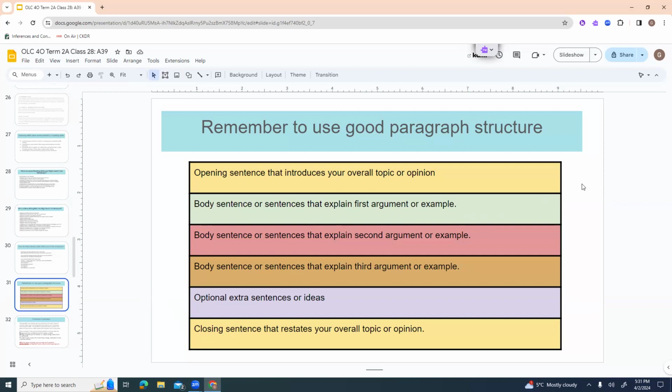So in that case, I want to make sure I have an opening sentence that introduces my overall topic or my opinion, because it gives the person a heads up. Hey, here's what we're going to be talking about. Hey, here's my big idea. And then as they're reading, they have your overall idea in mind, and it helps them understand things better.